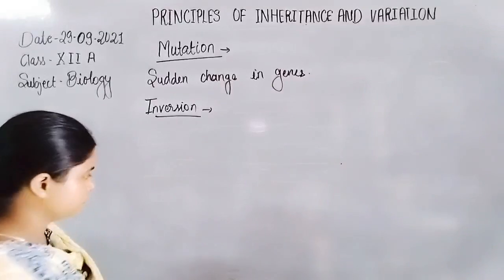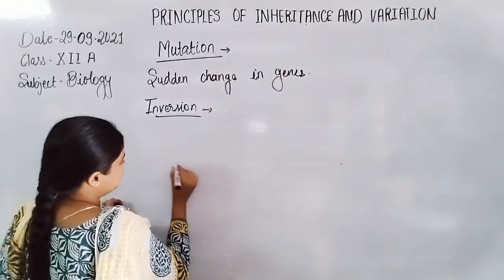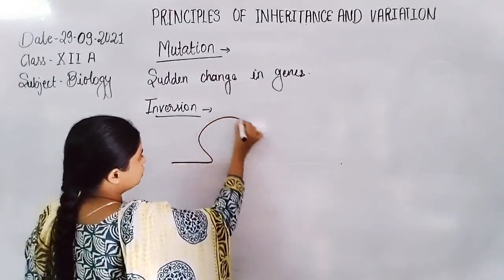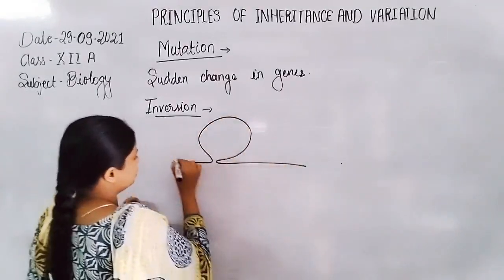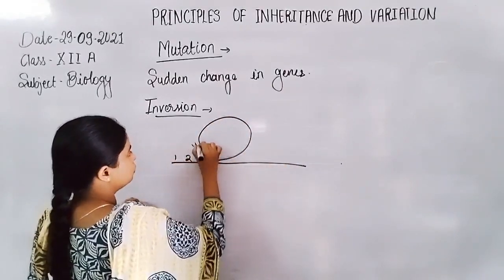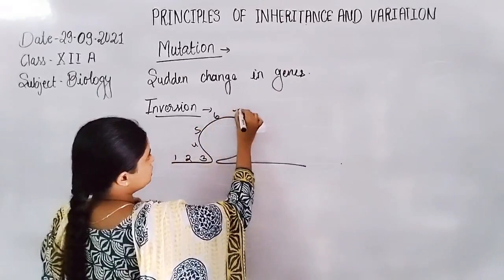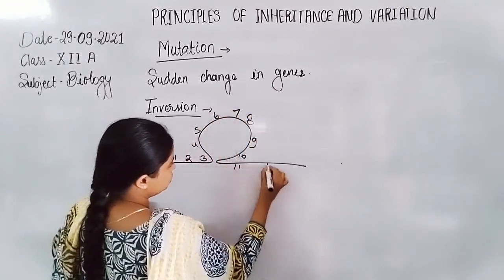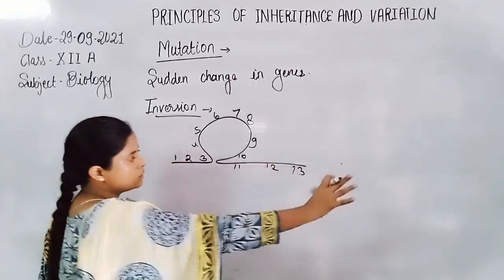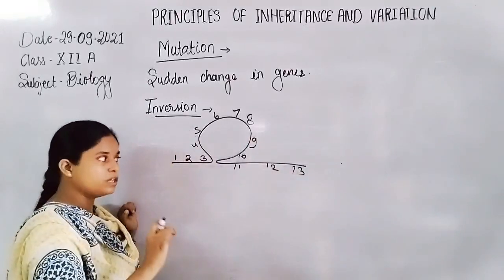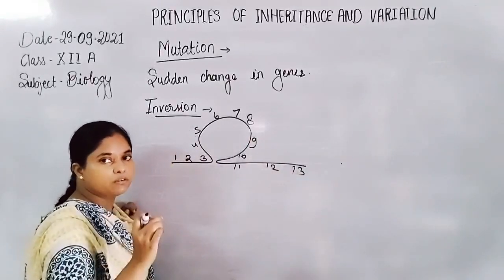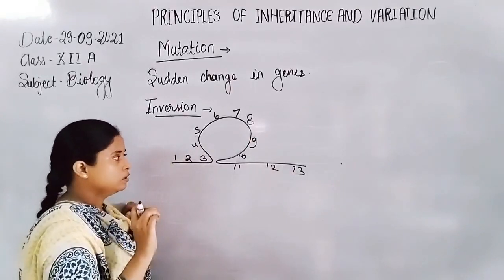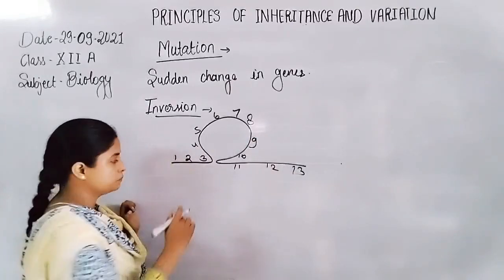Number. Okay. So for example, here is DNA 1, 2, 3, 4, 5, 6, 7, 8, 9, 10, 11, 12, 13. So here is the genetic sequence. This number denotes the genetic sequence or amino acid, nucleotides.